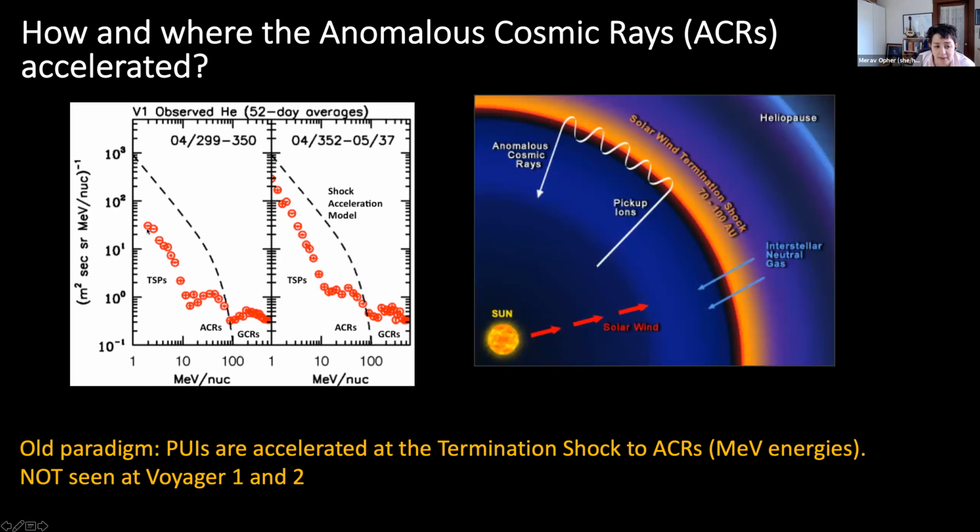So if you look at the intensity of particles before and after the termination shock, the particles didn't notice that there was a shock. So this is a major, major puzzle in the heliosphere. It also calls into question: do we really understand acceleration of particles or not?